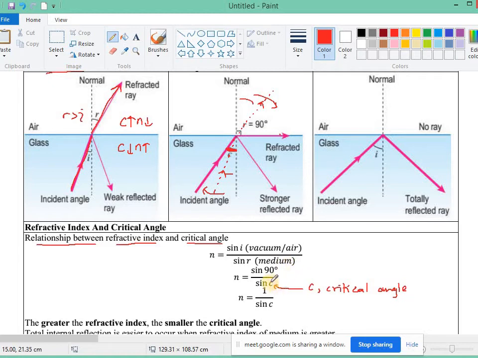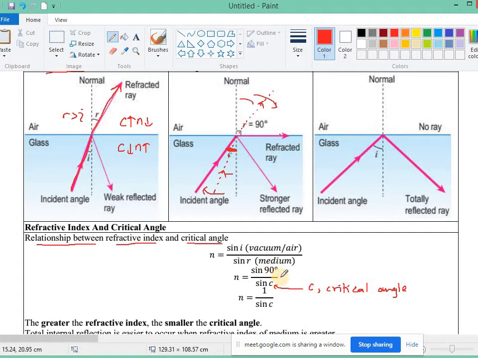That means the angle that is inside the medium is the critical angle, and the angle inside the vacuum or air will be the incident angle.